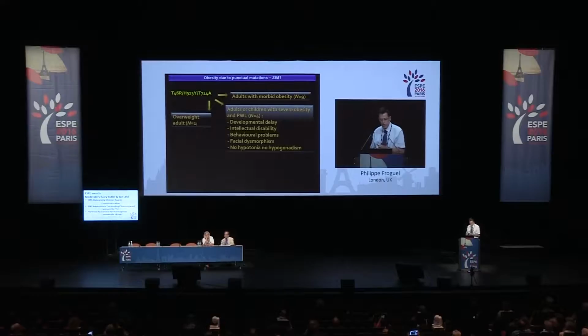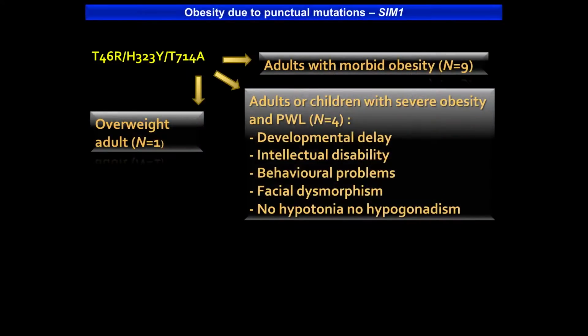We have a large family with these 3 mutations, and as you can see here, with exactly the same mutation, some people are only slightly overweight, some have morbid obesity and nothing else, and you have some children with Prader-Willi-like features, and you know what that means? That means that, in addition to obesity, they have many other phenotypes that are probably due to a deleterious effect on brain function.